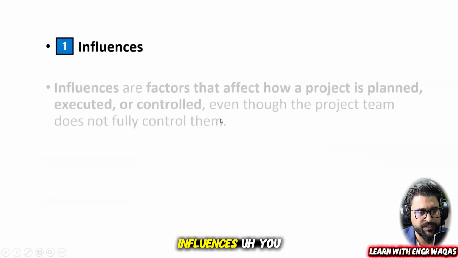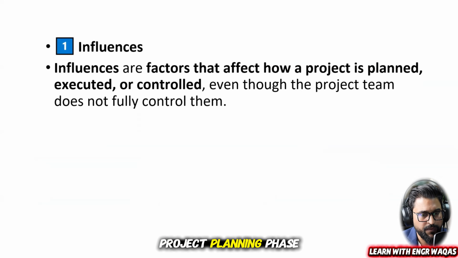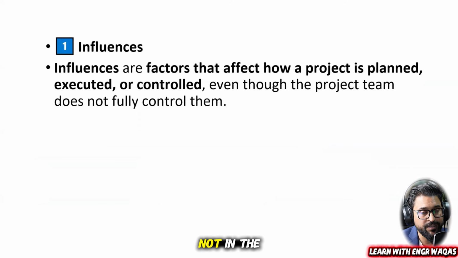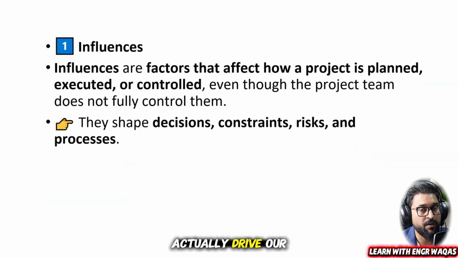When I say influences, you know that these are all the factors that are going to affect a project's planning phase, execution phase, or controlling phase, but they are not in the control of the project team, right? There are many things, you can say uncertainties, and they actually drive our decisions if any unplanned activity is going to happen on the timeline of our project.